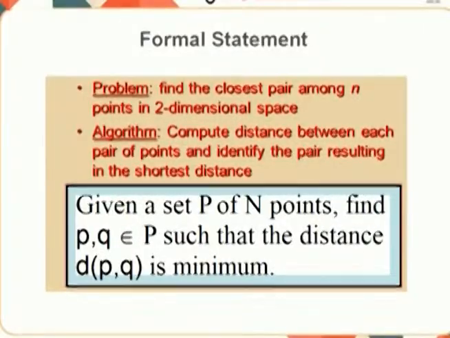So, we have to compute the distance between each pair of points and identify the points whose separation distance is very small. In other words, we are given n points and we have to find points P and Q such that the distance between P and Q is minimum.